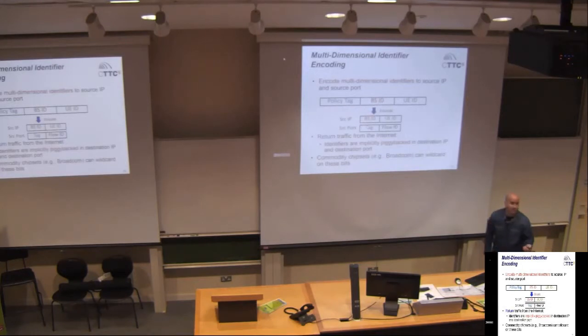In OpenFlow 1.3, which is the current version implemented in almost all virtual switches, we can have matches by policy tag encoded in the source port, and matches by source IP, destination IP or destination port.